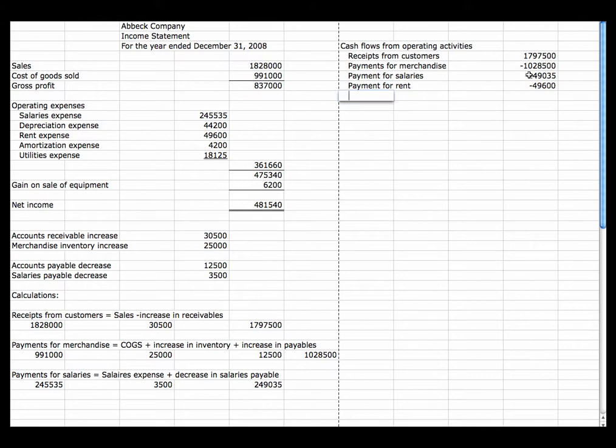And then last one, our payments for utilities. And once again, a payment is going to be a negative number, and it was $18,125.